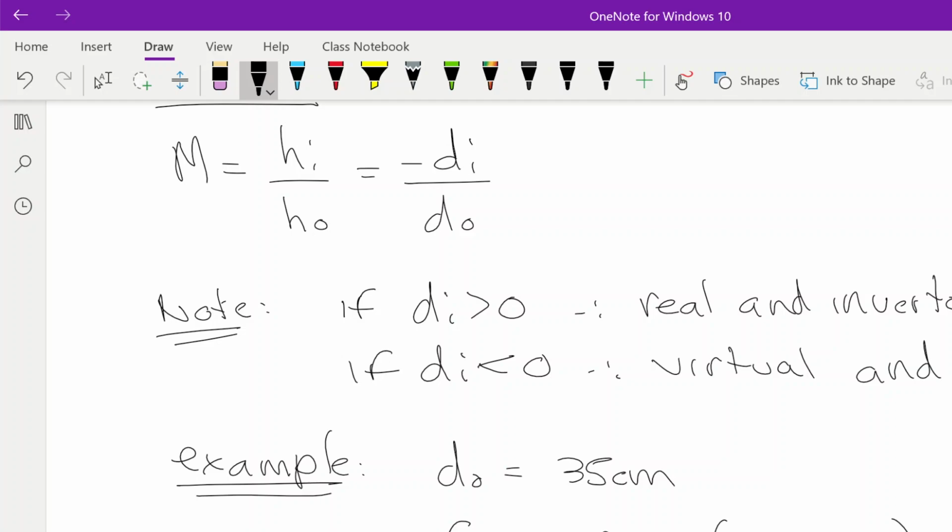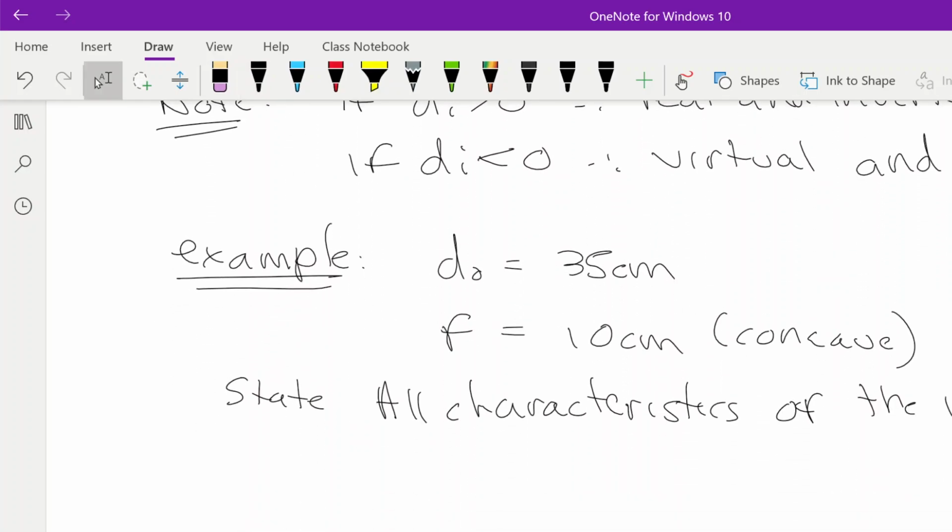Now the first thing we're going to do is get its location. We'll do that by finding di. So 1 over di equals 1 over f minus 1 over do. I've already rearranged the equation like I did before. So let's plug the numbers in. I get 1 over 10 minus 1 over 35. Again, you take out your calculator.